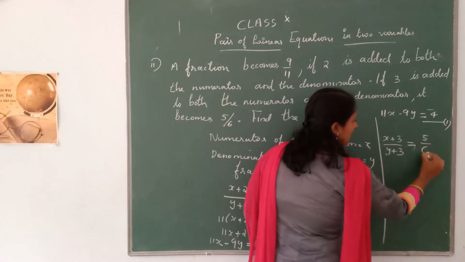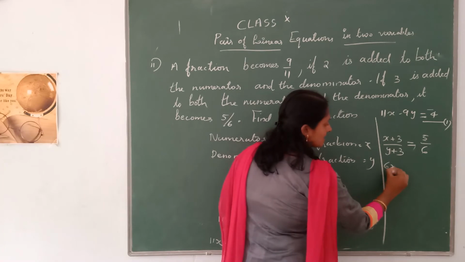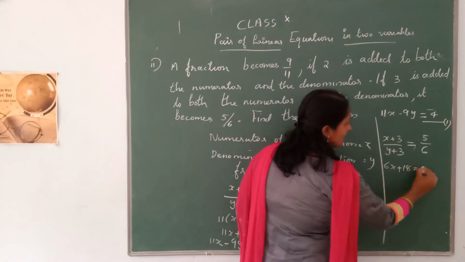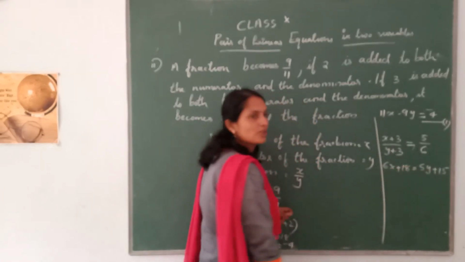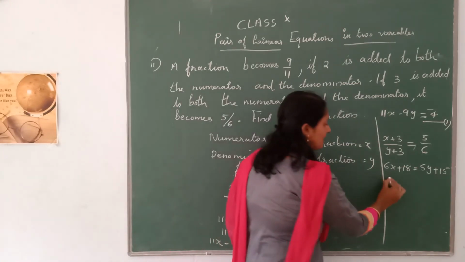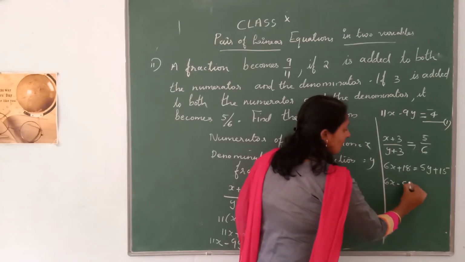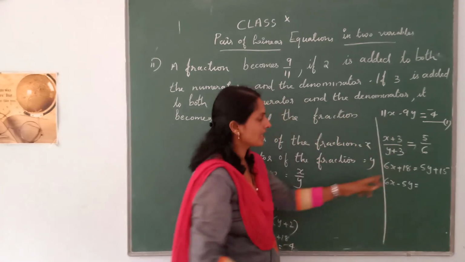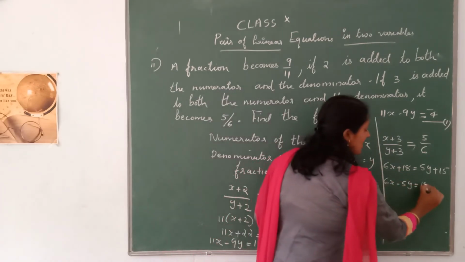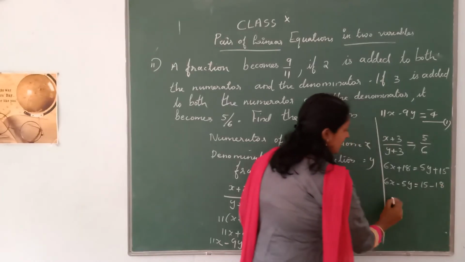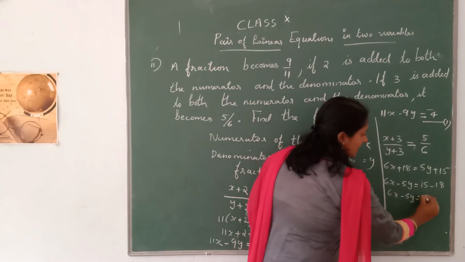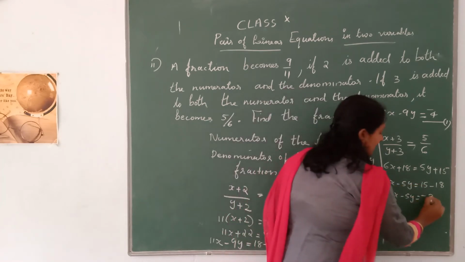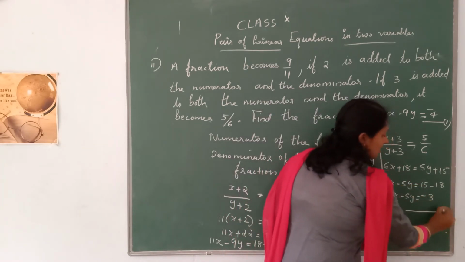Then cross multiplying, we will get 6x plus 18 is equal to 5y plus 15. Then transpose 5y to LHS and 18 to RHS, that is 6x minus 5y is equal to 15 minus 18, that is 6x minus 5y is equal to minus 3. This is equation number 2.